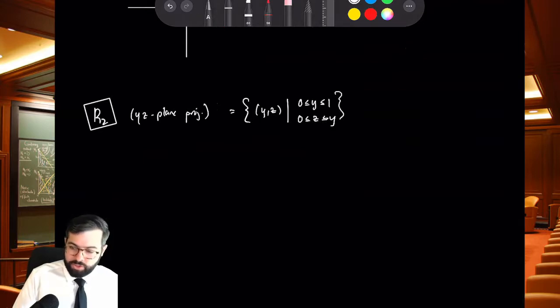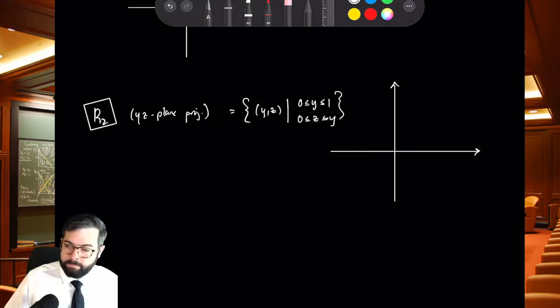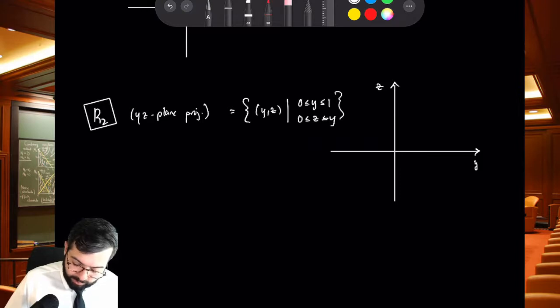So what does this region look like? Well, here's yz. Y ranges between 0 and 1. Z goes between 0 and z equals y. Well, what is z equals y? It's a plane, so in the plane it looks like a line, z equals y.